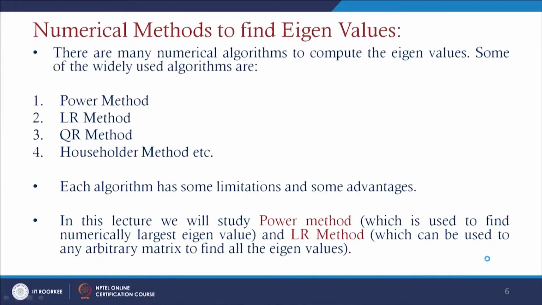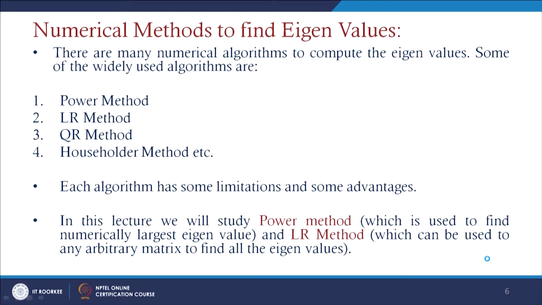For the computation of eigenvalues, there are many numerical algorithms. Some widely used ones are the power method, LR method, QR method, and Householder method. But each method also has certain drawbacks.